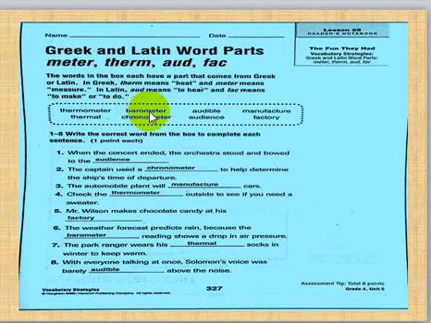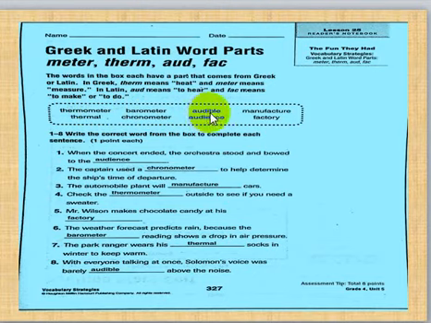Try to think. Yes, it's a device that measures air pressure. It's related to air. Here it's related to heat, hot or cold. It's about air. Measure air pressure.